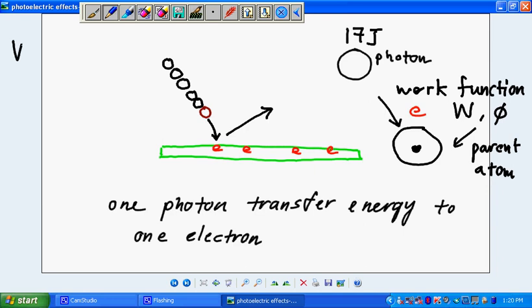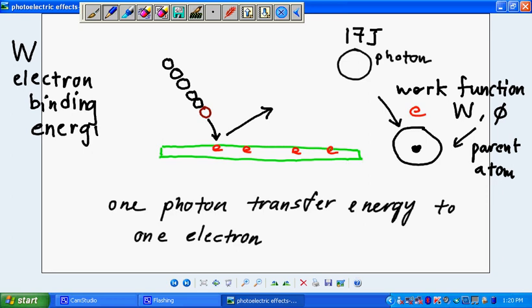Some work needs to be done to dislodge the electron, to remove the electron from the parent atom. So this is called electron binding energy. After the electron is dislodged and ejected out of the surface, it also moves off with kinetic energy.